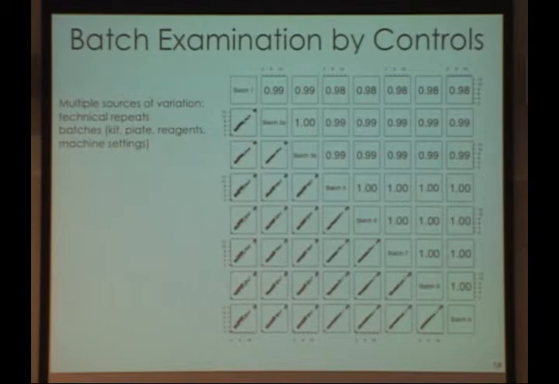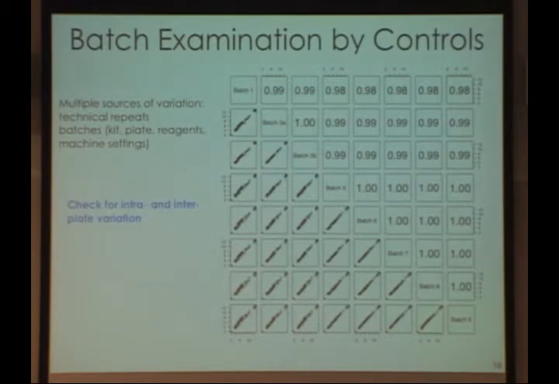We know there are many sources of variability, and you want to do this up front to isolate that. In this case, batch 1, 5, 6, 7, 8, 9, and 3 are all different physical plates. And then batch 3 actually has 2 technical repeats.